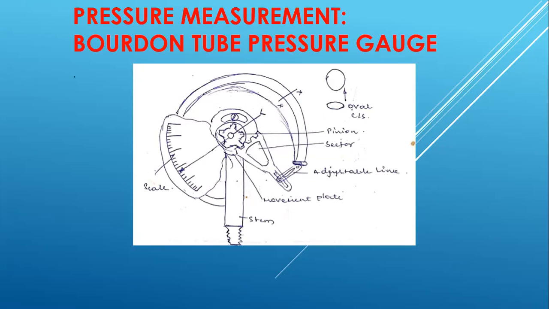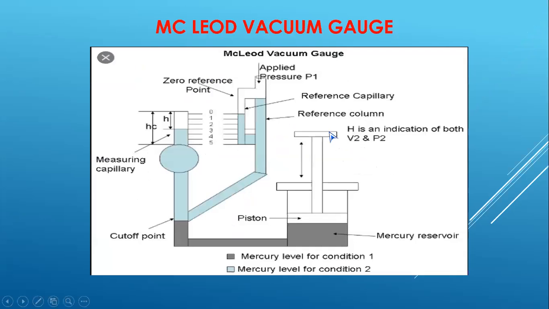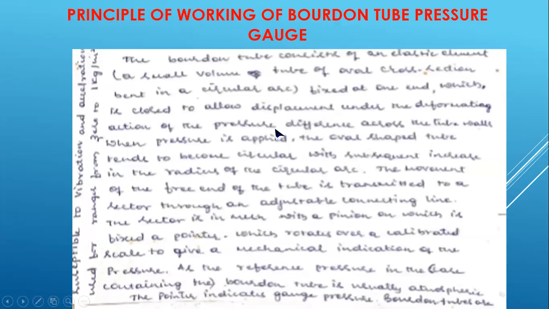In turn, the rack moves, and due to that there will be rotation of the pinion. On the top of the pinion, there will be a dial which moves in clockwise direction and indicates the pressure. Usually, the pressure indicated by the Bourdon tube pressure gauge is in kg per millimeter square or kg per centimeter square. This is the explanation for the Bourdon tube pressure gauge.